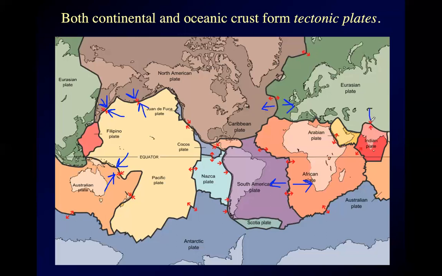Here, where one continent has hit another, where India has slammed into Eurasia, you're getting the building of a fold belt mountain range. This is where the Himalayas are. And in a few areas, they're sliding past each other. There's the San Andreas Fault, where the Pacific is moving to the northwest relative to the North American plate.